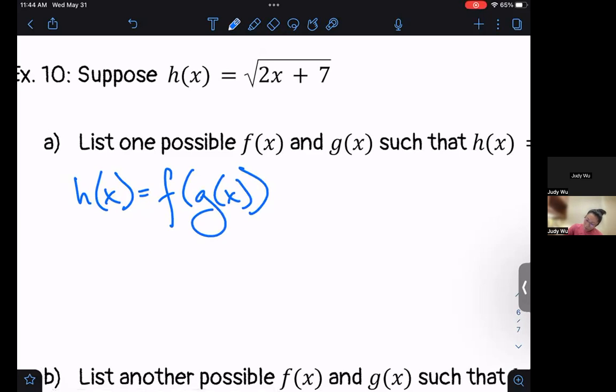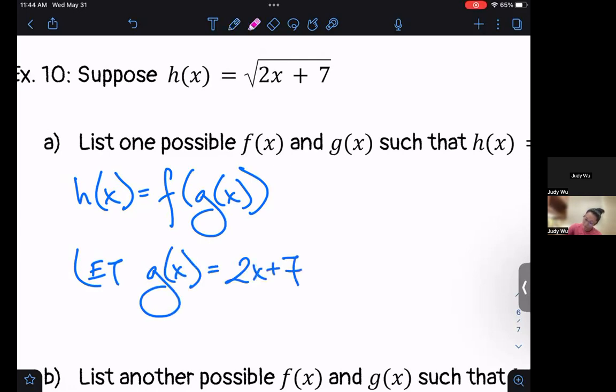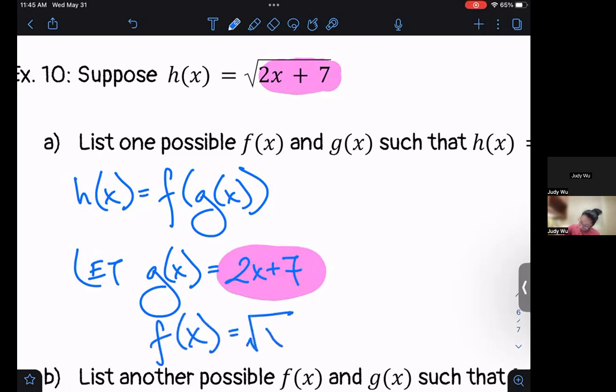Let's see. One possible way we could do this is we could say let g of x equal 2x plus 7. All right, so this 2x plus 7 is that whole thing right there. Then the outer function would just be the square root of whatever we put in there.